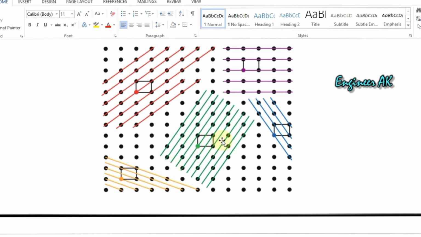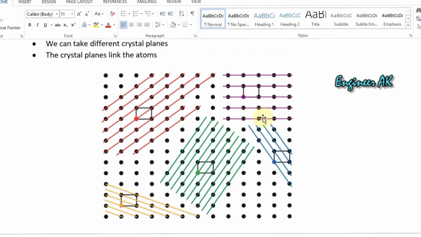Like this green one, these planes are parallel to each other. The same goes for this purple one, these are also parallel, and the same for the red. So if I find the Miller indices of this one plane, the planes parallel to this plane will have the same details.